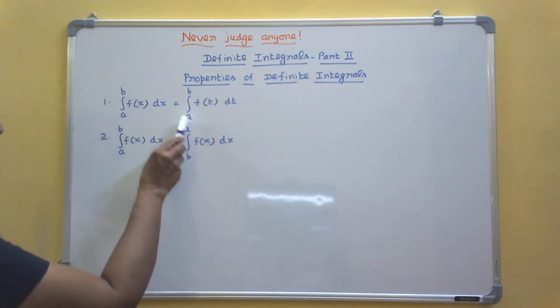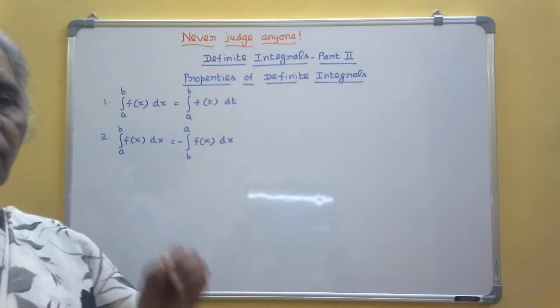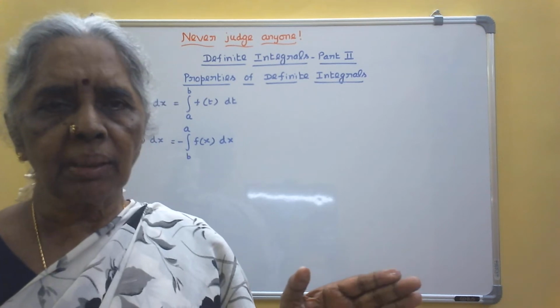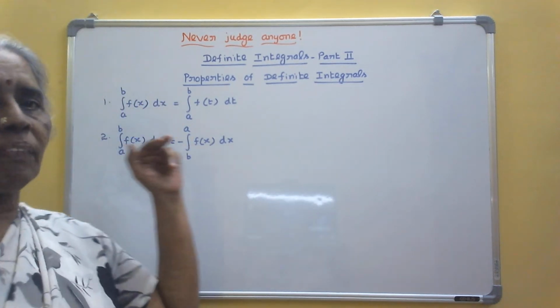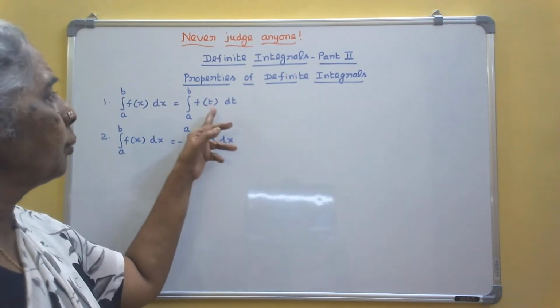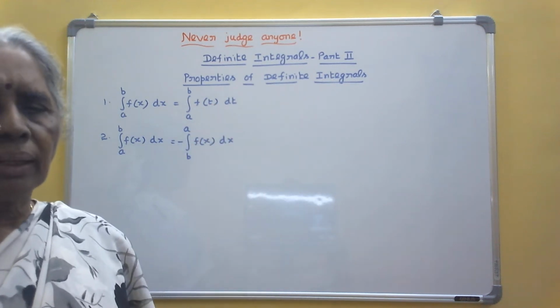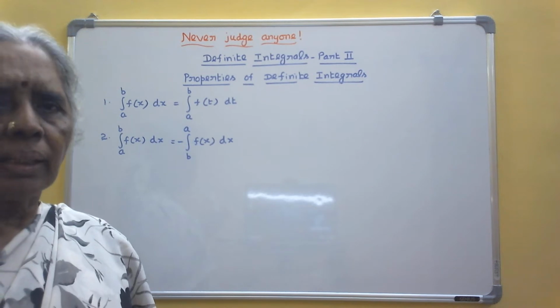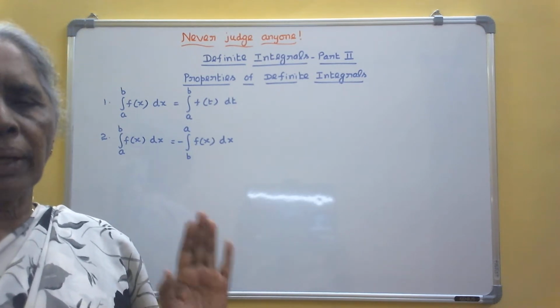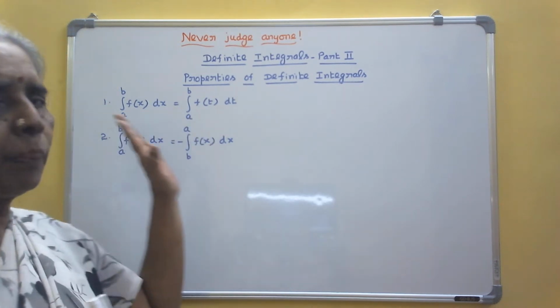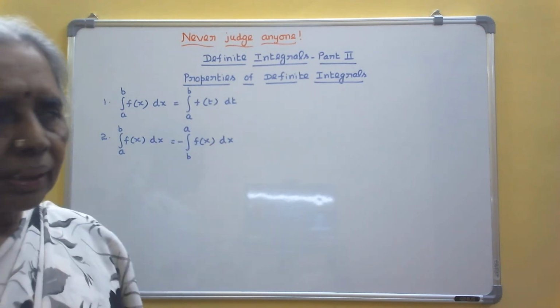The limits will be the same. The function will be the same. Here you have the variable of integration x, here you have the variable of integration t. This we will be using in some sums, in some steps when required. So, this is a general property which you should know.